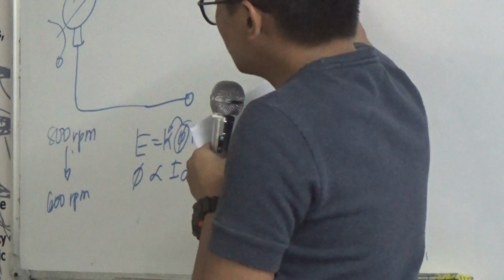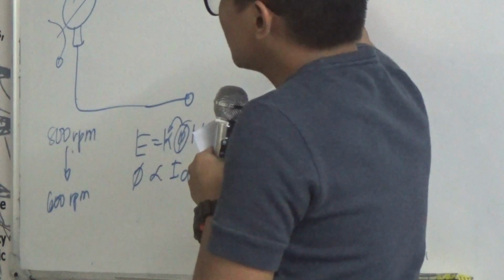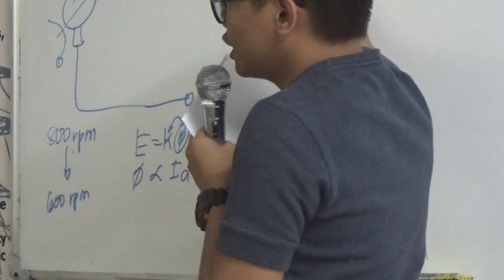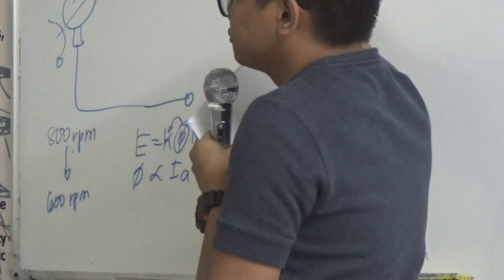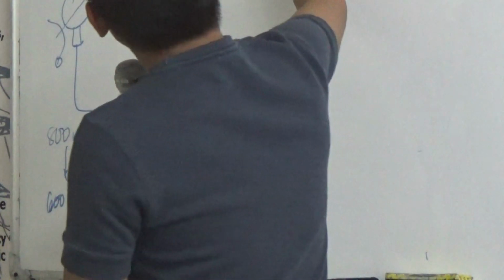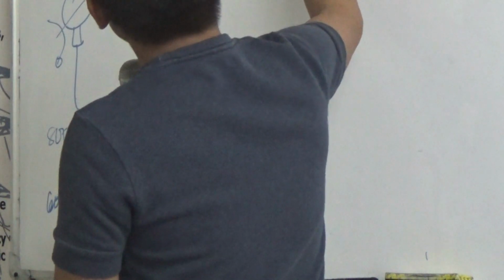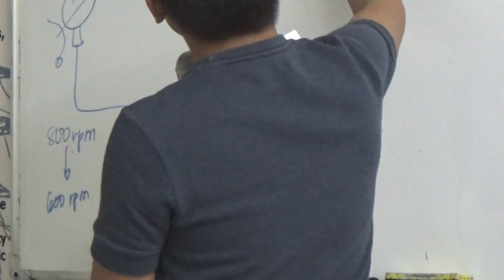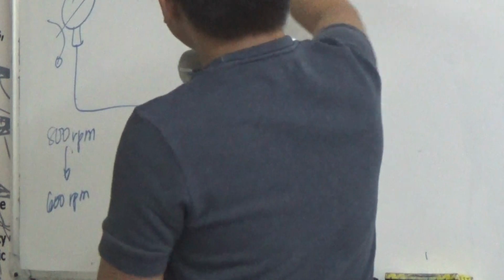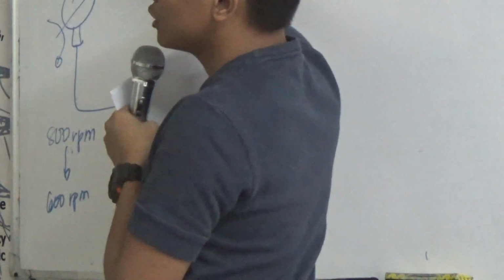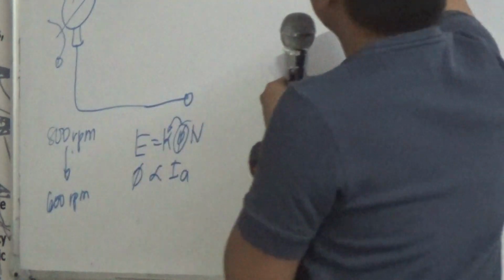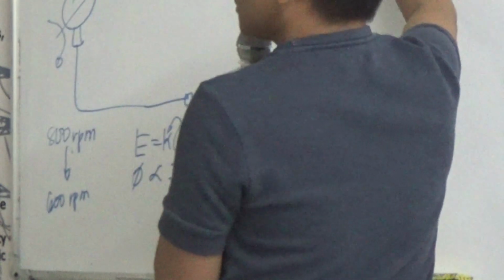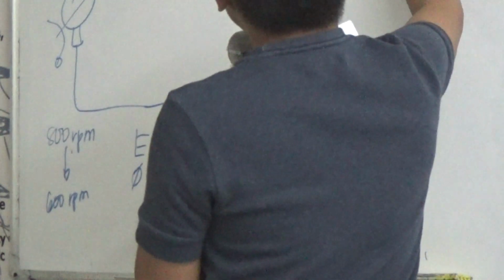So kunin muna natin yung voltage. Back EMF muna tayo. So EB is equals to, yung first condition, 400 minus 25 amps.